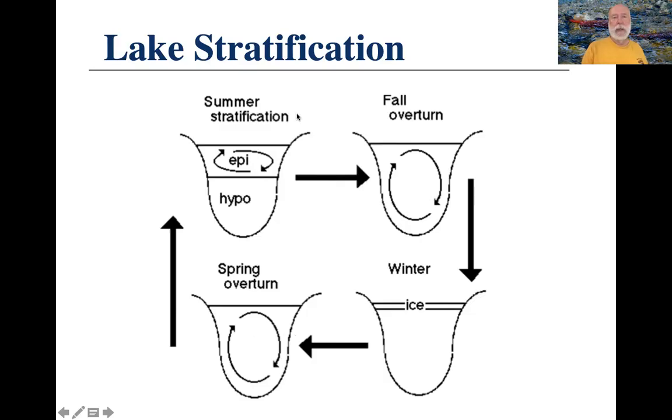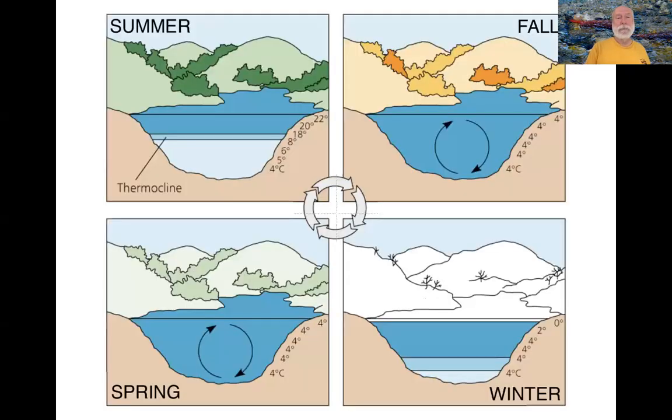So, as seen by a limnologist, spring, summer, fall, and winter, the 4 seasons, by a Canadian limnologist at least. Okay, so there we have it. Summer stratification, fall mixing, winter ice cover, and spring overturn.